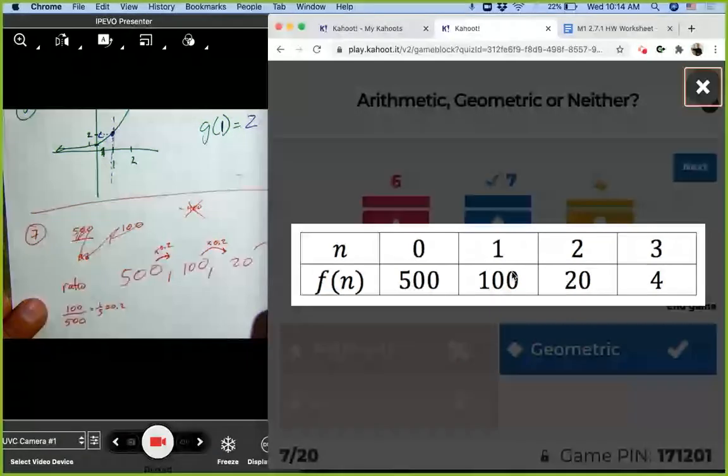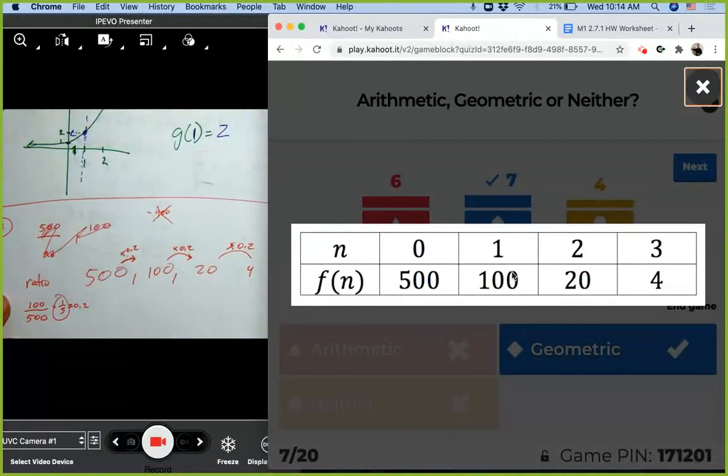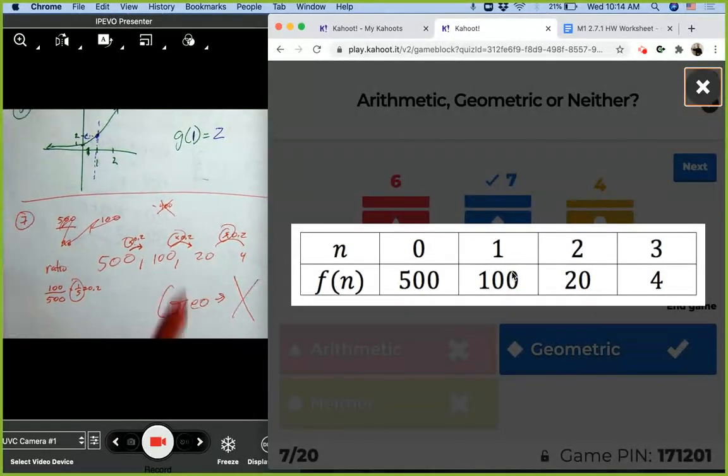It's basically multiplying by 1/5, which I just expressed as a decimal. Okay? So we know because it has multiplication, it has to be geo. Geo is multiplying. Okay? So that's a good one.